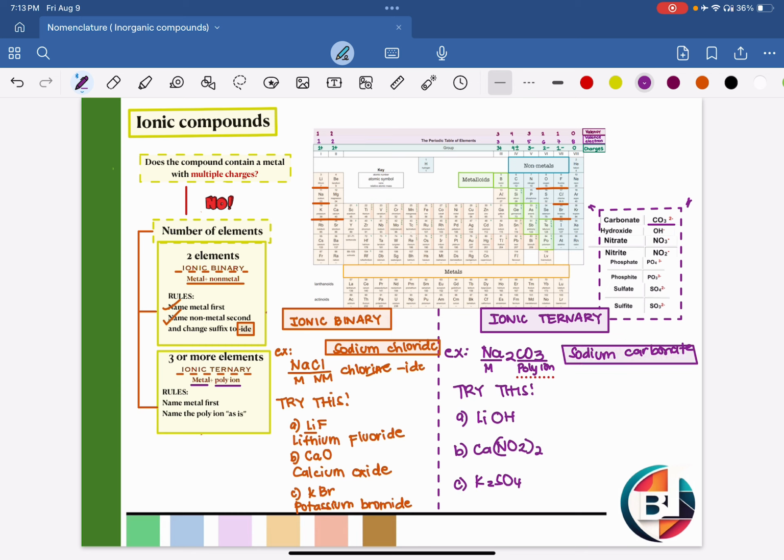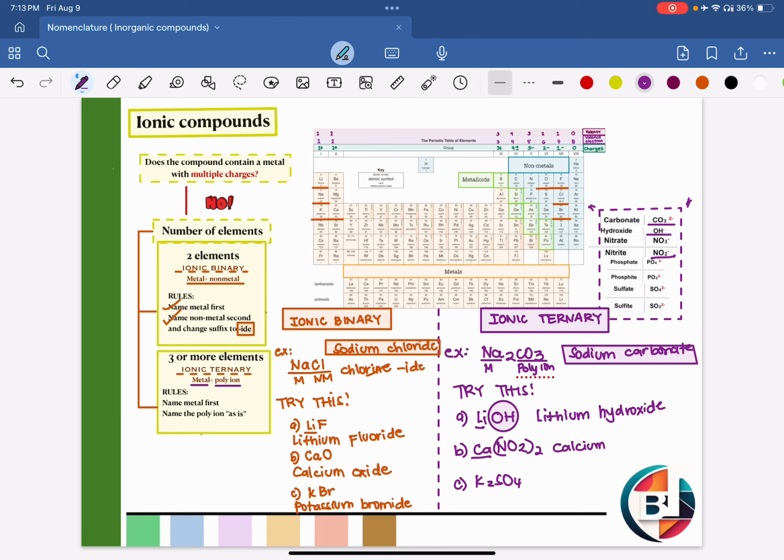Now moving forward, let's try this activity. Li, we were able to name it a while ago, which would be your lithium. OH. OH in the list of your polyions is named as hydroxide. So I would have lithium hydroxide. Next to it, I have calcium.